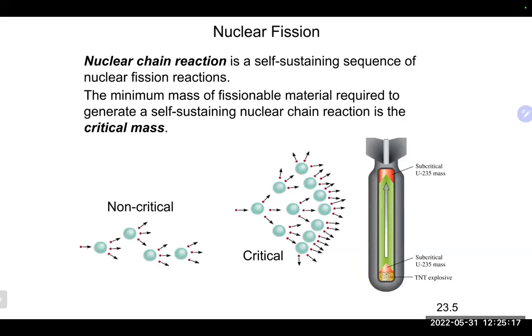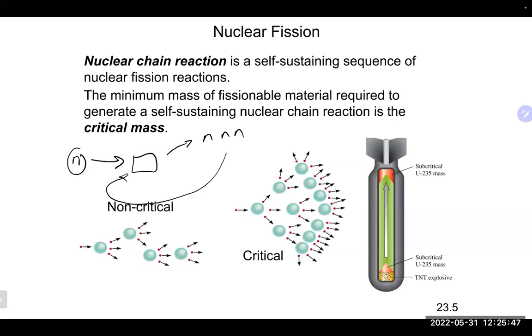What can happen in this case is a nuclear chain reaction, which is a self-sustaining sequence of these fission reactions. The reason is very simple. To kick off the reaction, you need a neutron. When this fission reaction takes place, you make a bunch of neutrons, which can go back around and keep the process going and going.